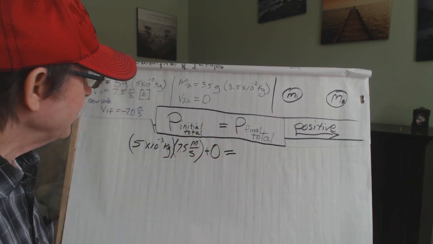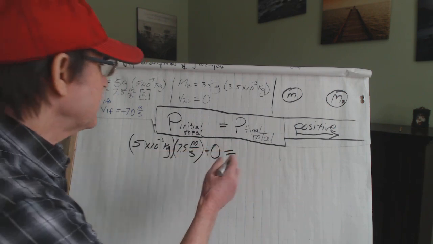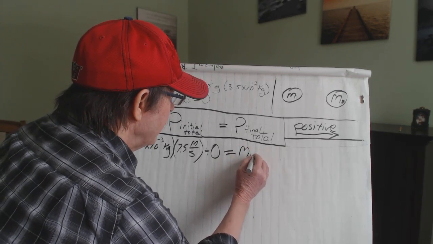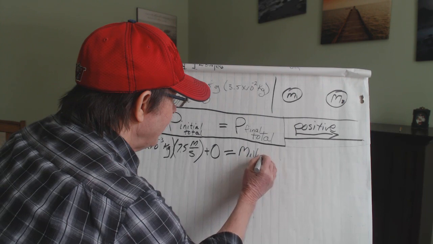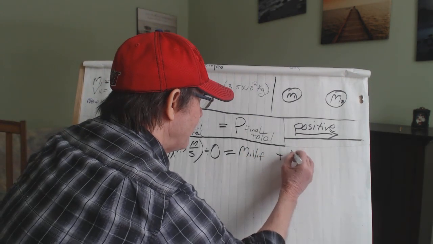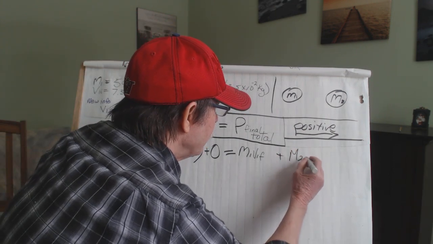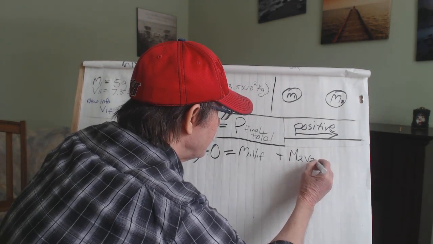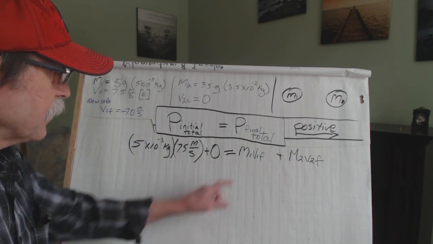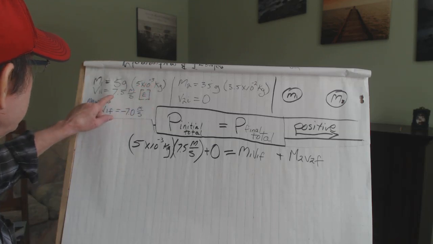The final momentum is going to be, let's see, I'm going to just give you some variables here: m1 v1f plus m2, that shouldn't really be a capital, but anyway, m2 v2f. m1 v1f, let's see, 5 times 10 to the minus 3.